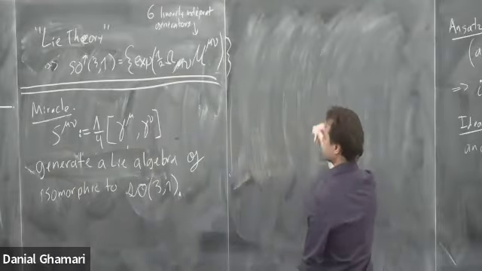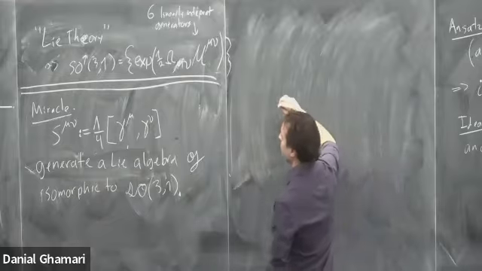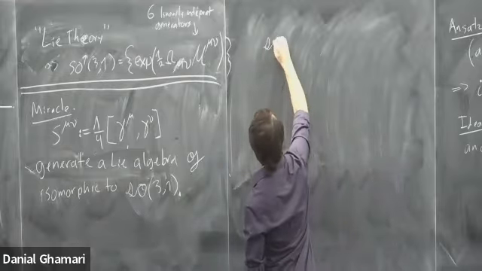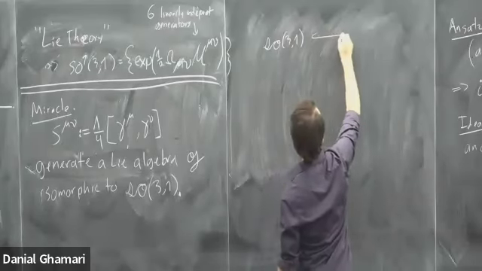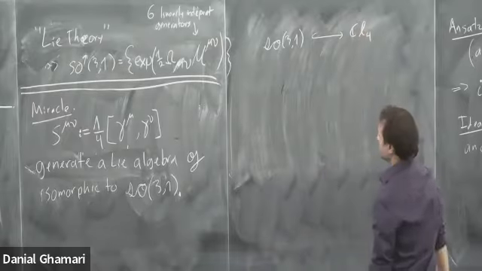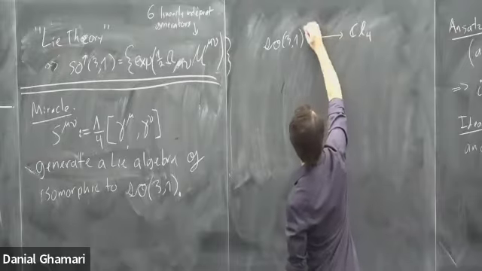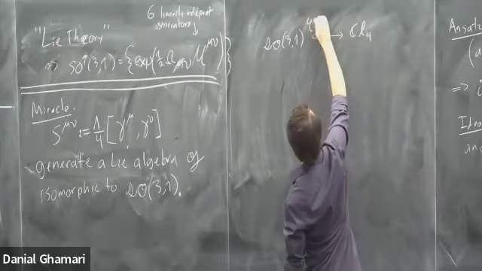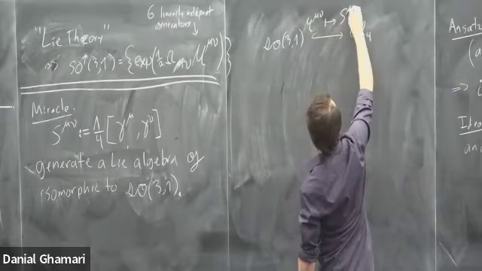So let's see if I can try to put symbols to this. We have SO(3,1) embeds into our complex Clifford algebra Cl_4, this is our gamma matrices, by sending M_μν to S_μν.